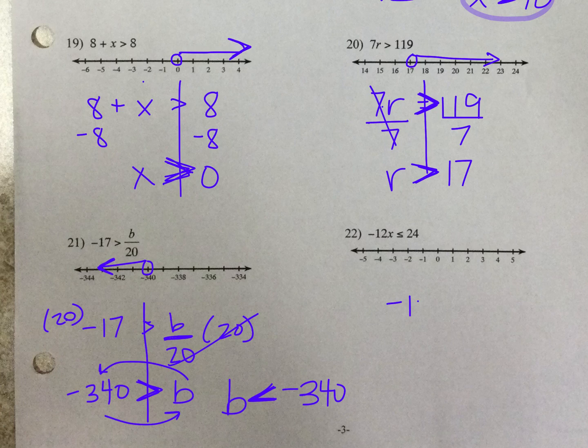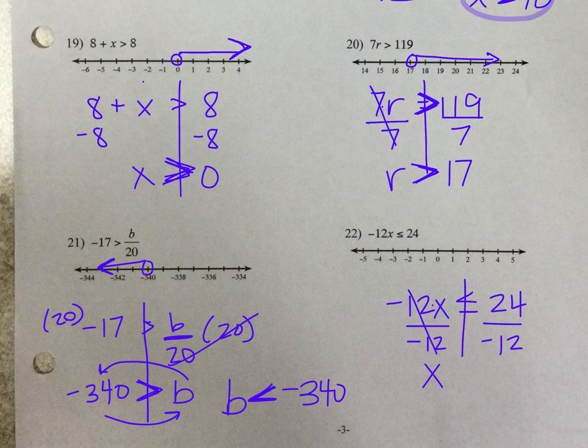Last one, negative 12x less than or equal to 24. Well, they're being multiplied, so I need to divide. X is, pause.